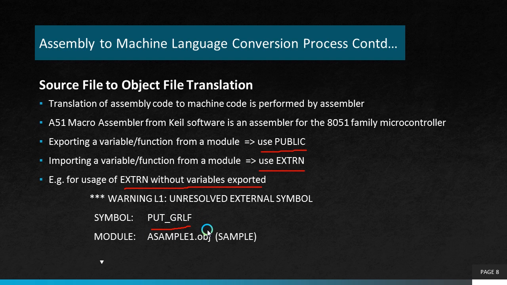So, while linking the modules, the linker identifies that there is no exported function for this, and the linker generates a warning or error message as unresolved external symbol, which is shown here.